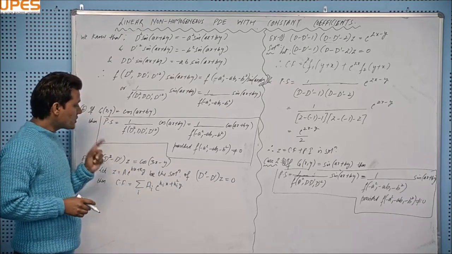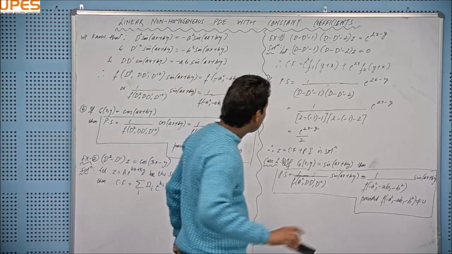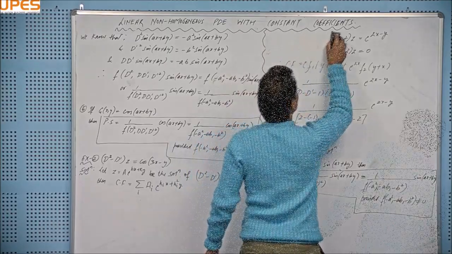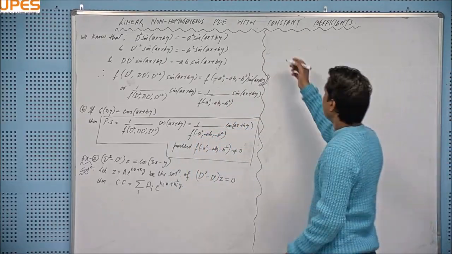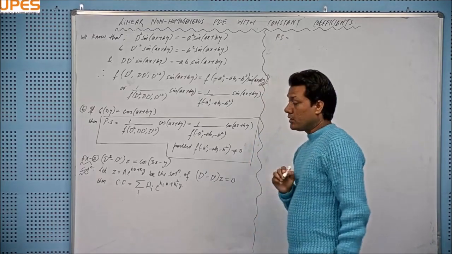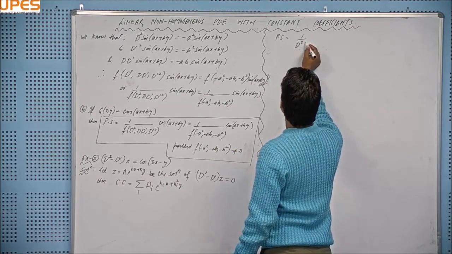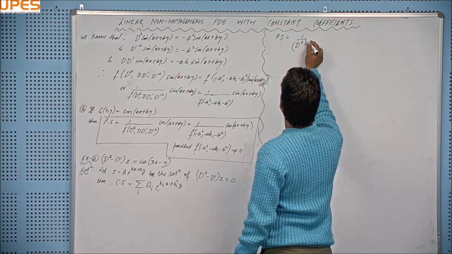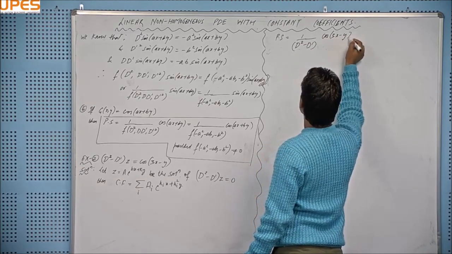Now focusing on the particular solution. The particular solution is equal to 1 upon D square minus D dash, and here the right hand side is cos of 3x minus y.